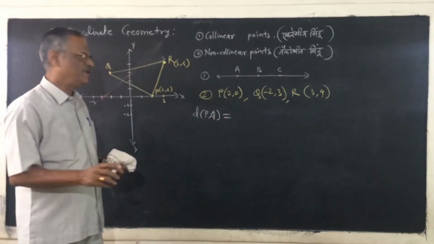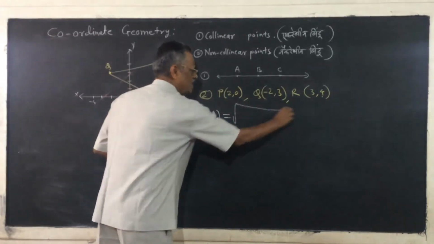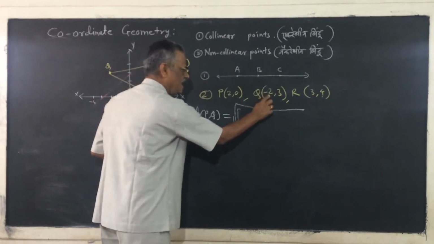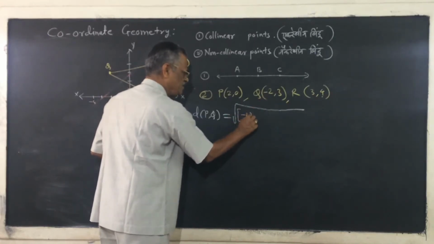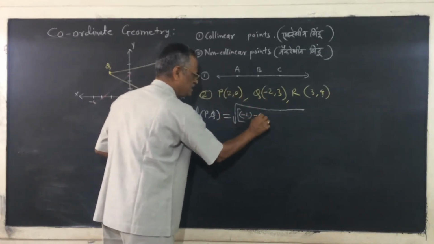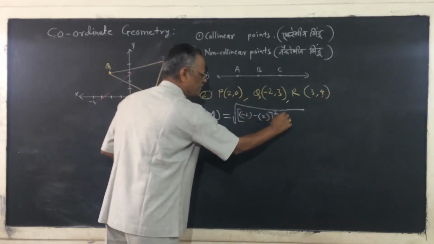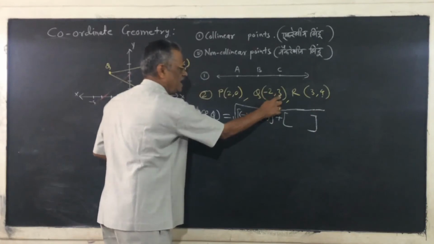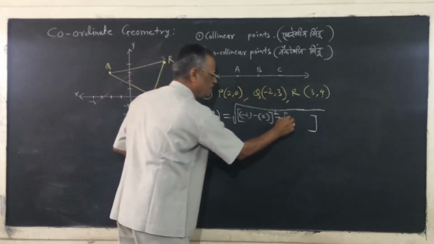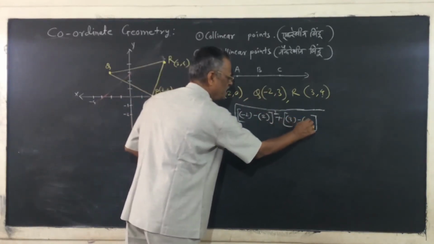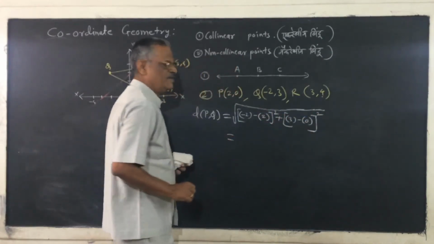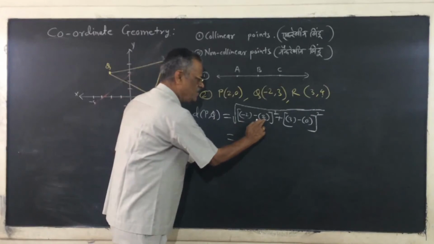Square root of (x2 minus x1) square plus (y2 minus y1) square, that is (-2 minus 2) square plus (3 minus 0) square.